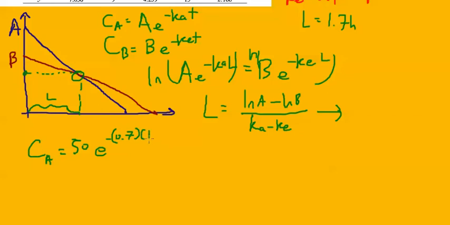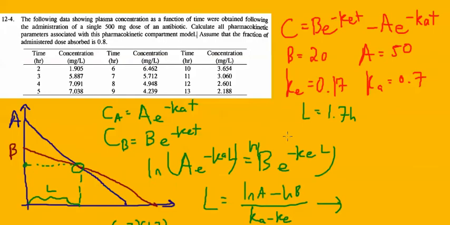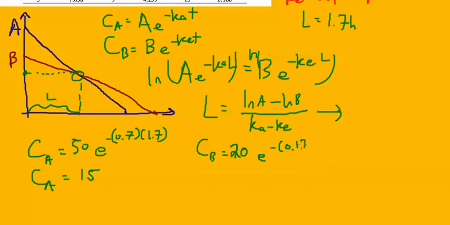And we get CA is equal to about 15. And if we do the same thing for B, you'll find that CB is equal to B, which is 20, e to the negative 0.17, I believe, times 1.7 hours, and CB also ends up being 15.